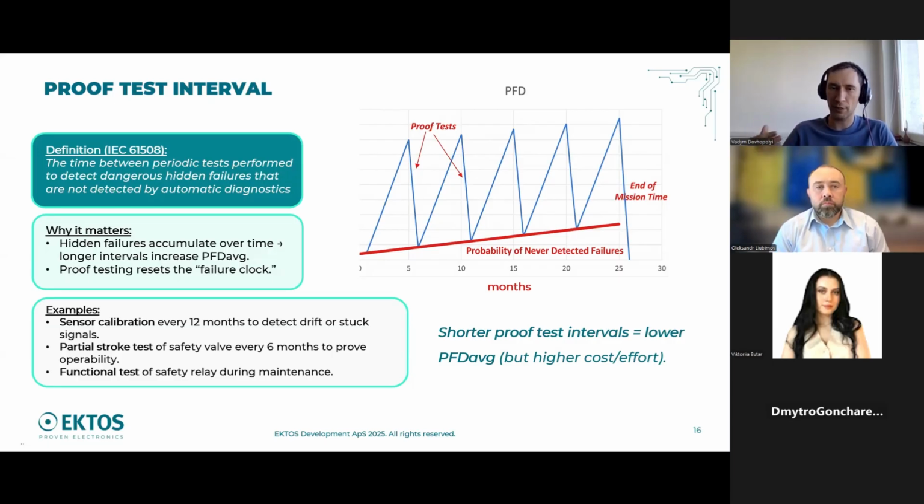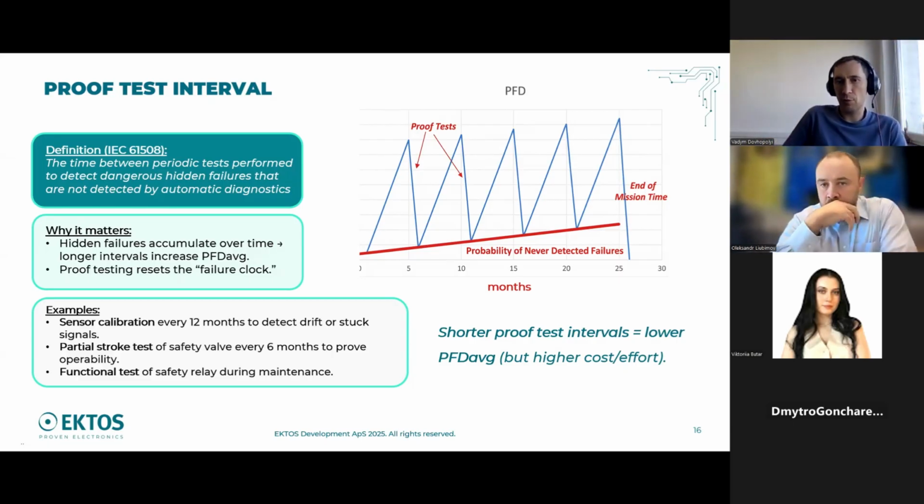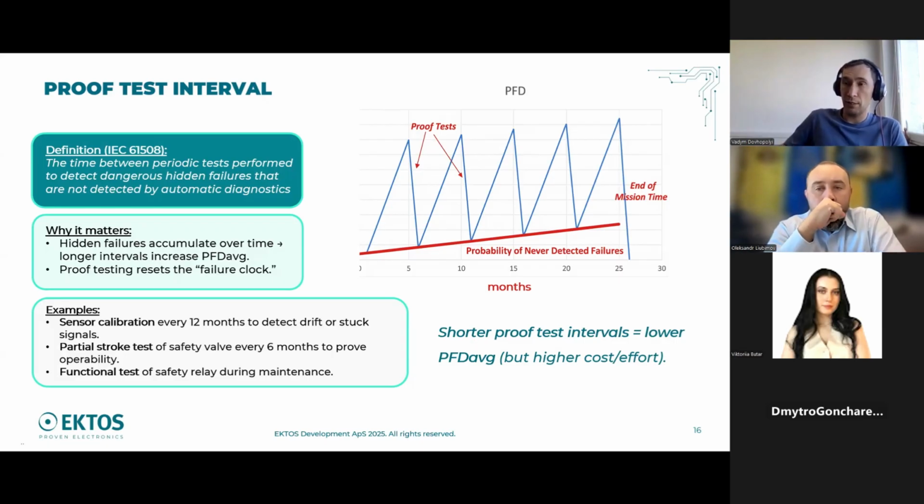And of course, it increases the price of service because someone should do this, and it costs money. On the other hand, developing with a very low failure rate is also time consuming and cost consuming work.